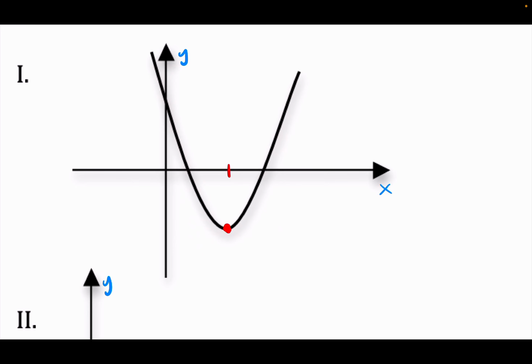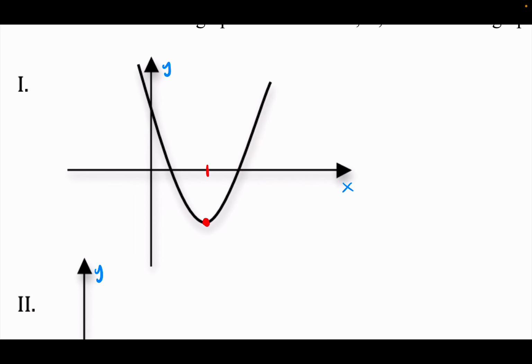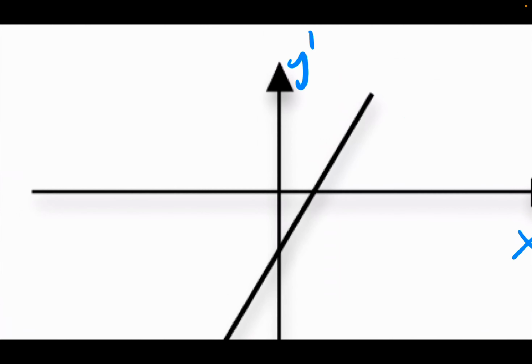Which one is it? No, not A. Is it C? It's going to be C. Isn't this the x value that we saw before? And what is the derivative? 0.